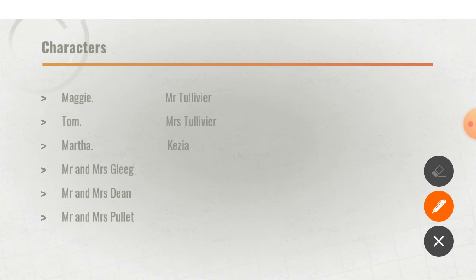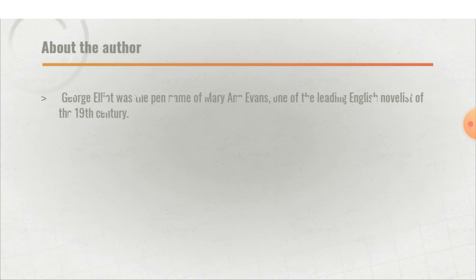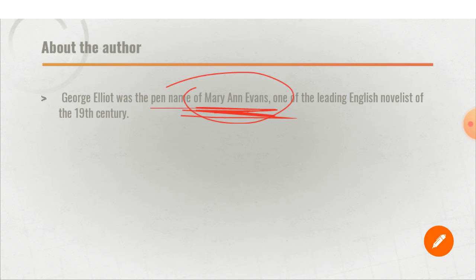Moving on. Let's go further and get to know the author. So who's the author? The author is George Eliot. That's a very interesting thing: George Eliot is her pen name. So what's the meaning of pen name?